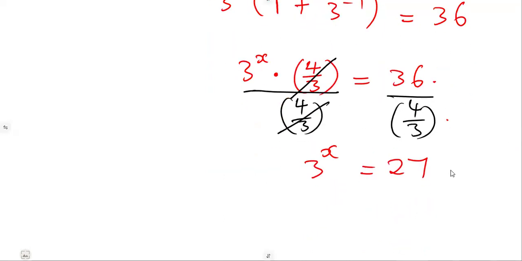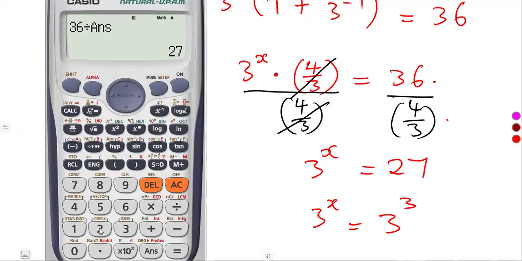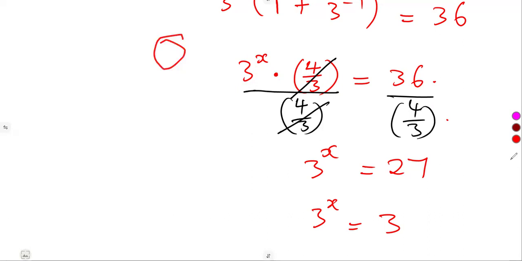We have a single number there that can be converted back to the base of 3, as we do understand that if the bases are the same, the exponents will be the same. So 27 in the base of 3, that's 3 to the exponent of 3. Or like I said, you can use your calculator: 27 is equal to, then shift, you go to the factor. So that's 3 to the exponent of 3, as we can see here. So we're going to have 3 to the exponent of what?